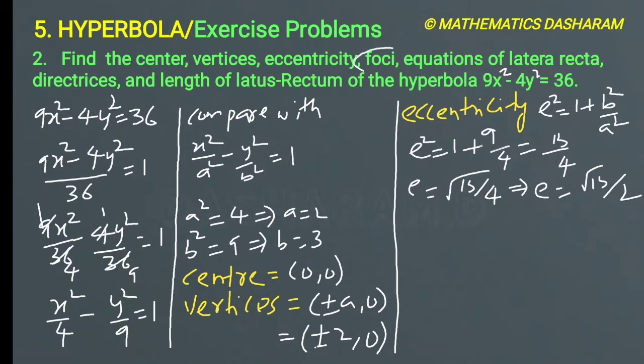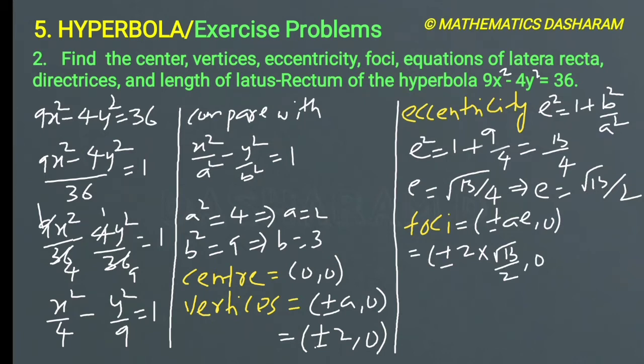The next one is foci, that is (±ae, 0). So the a value is 2 and the e value is root 13 divided by 2, comma 0. Here the 2s cancel, then (±root 13, 0).